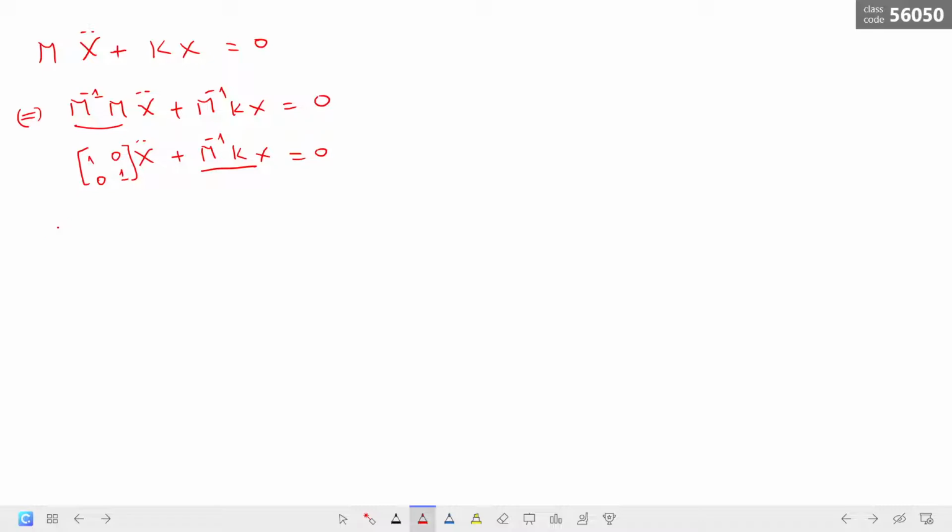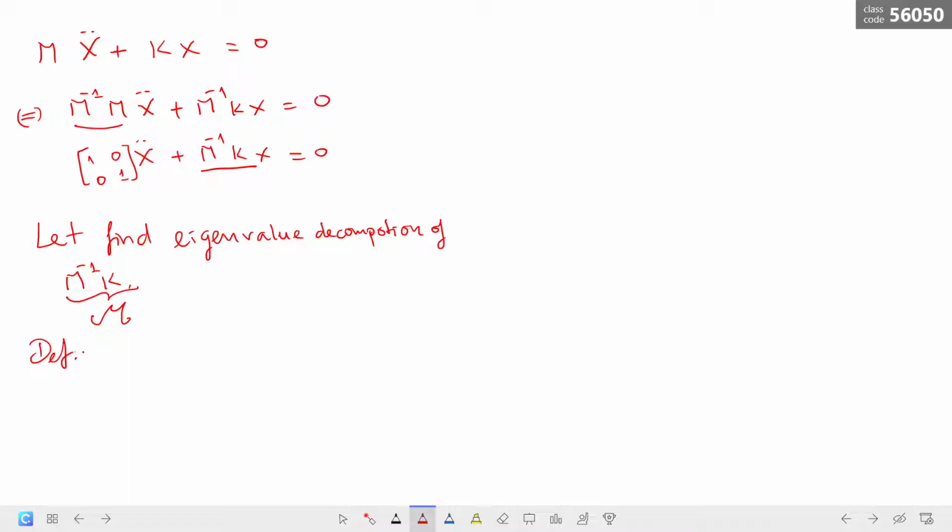And the way that we can do that is to use eigenvalue decomposition. So first, let's look at the eigenvalue decomposition of M inverse K. Let's call this matrix calligraphic A. By definition of eigenvalue, A times eigenvector u equals lambda times eigenvector u, right?